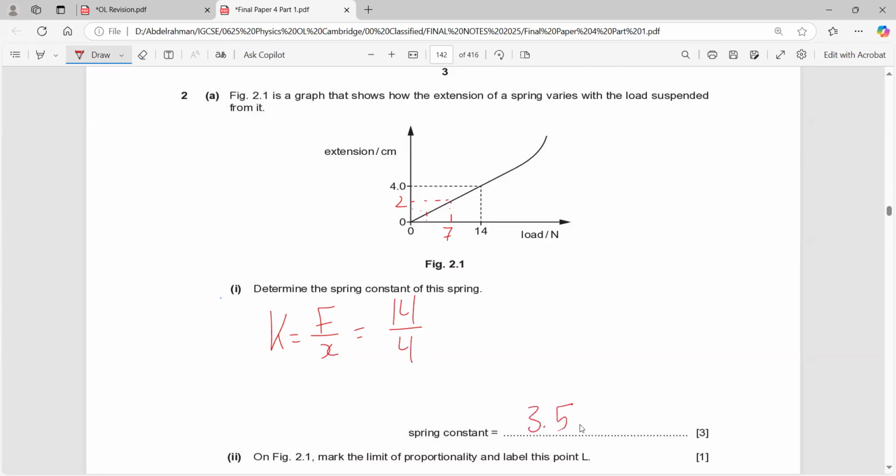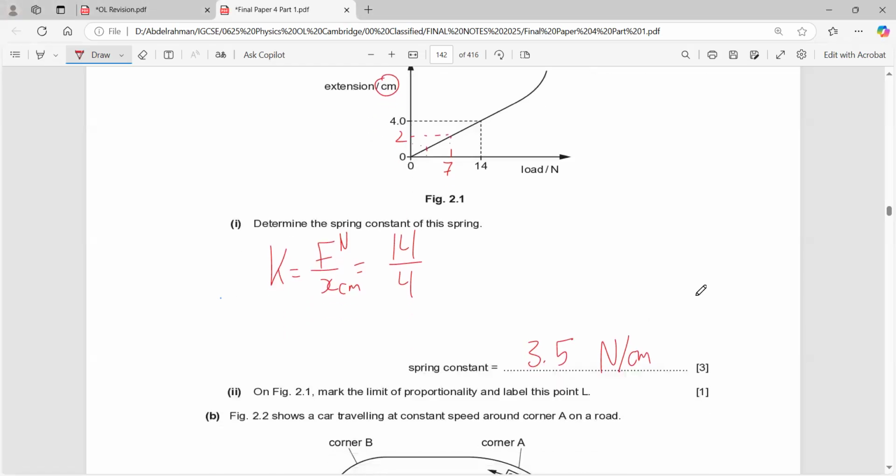Again, do not forget the unit. The unit of the force is newtons, and the unit of the extension in this graph is centimeters, so it's newton per centimeter. If the extension axis was in millimeters, we could have used per millimeter. So it's 3.5 newtons per centimeter.